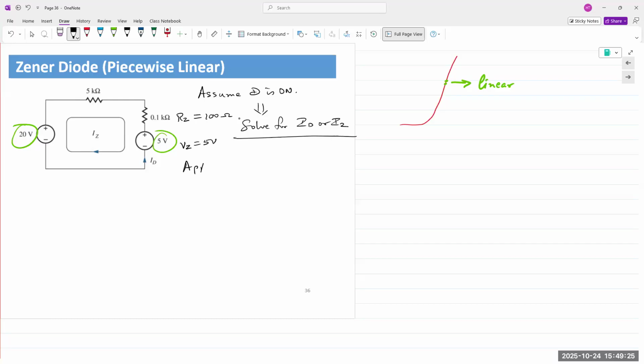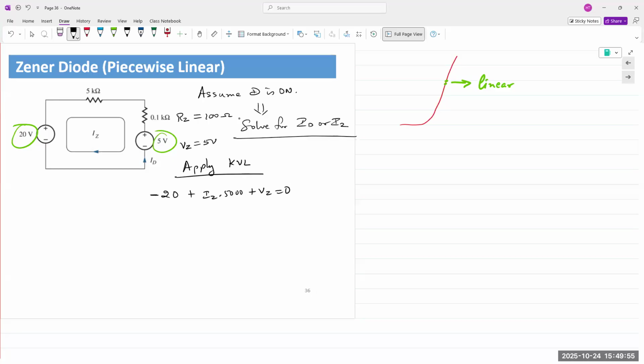So apply KVL, simple circuit analysis techniques. If you apply KVL around the loop, I have minus 20 plus the voltage drop across the 5 kilo ohm resistor, so plus IZ times 5,000, plus VZ is equal to 0.